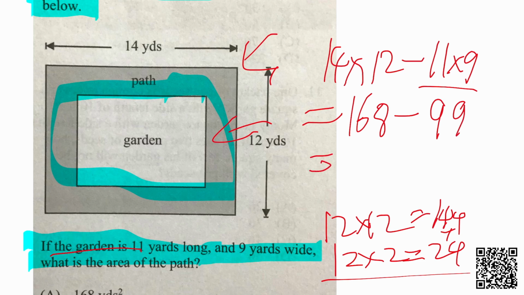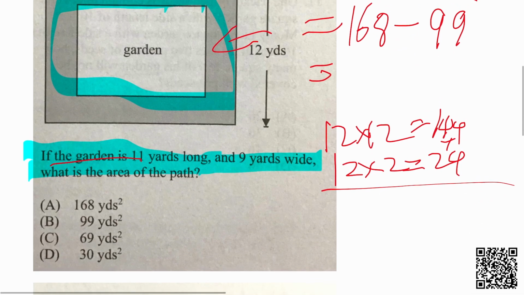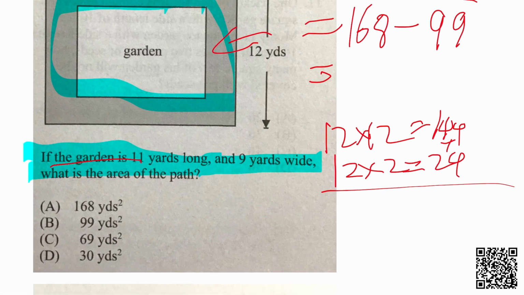So before we break out and try to solve this, let's look at the answer choices first. Well, it's definitely not 99, and that's one of the only ones that ends in 9. And it can't be 168, and it can't be 30, because those two don't end in 9, because as you know, 18 subtract 9 equals 9.